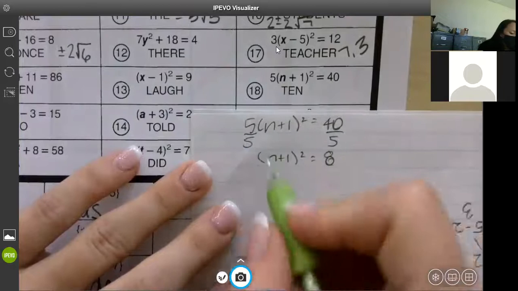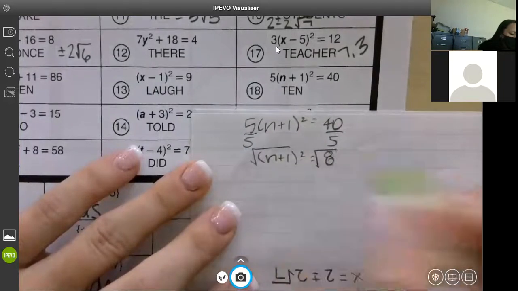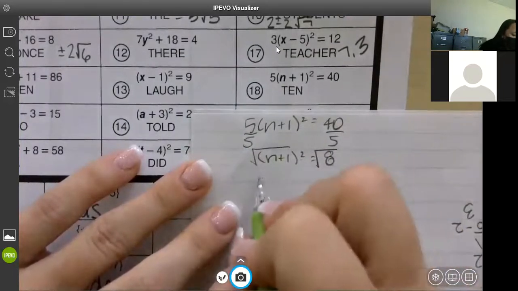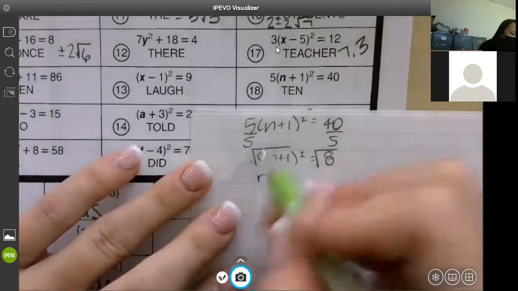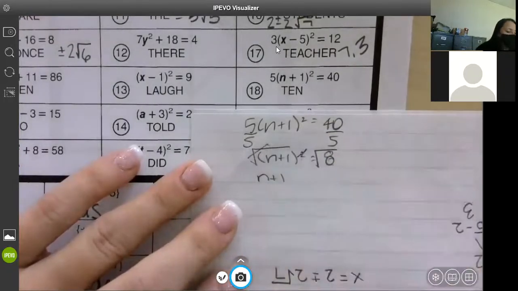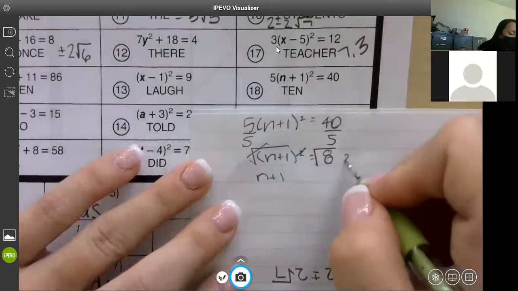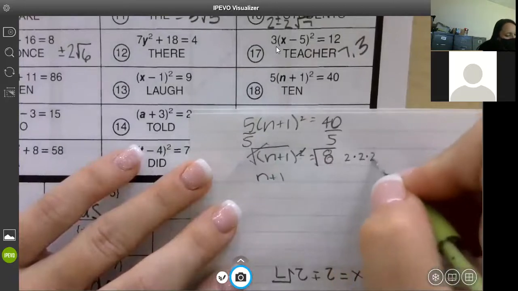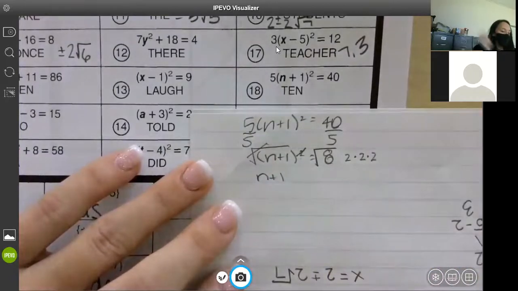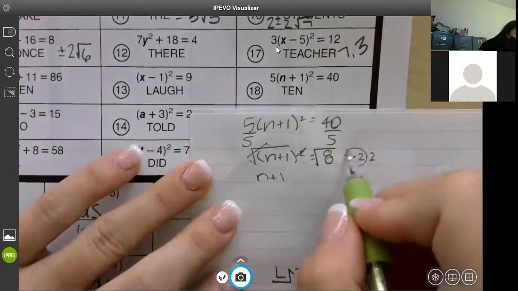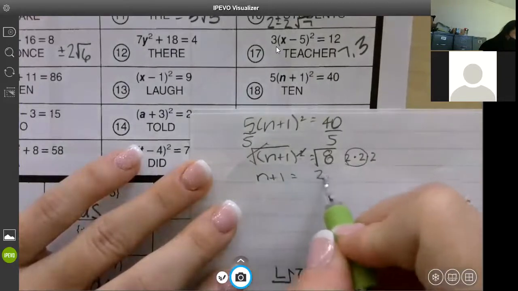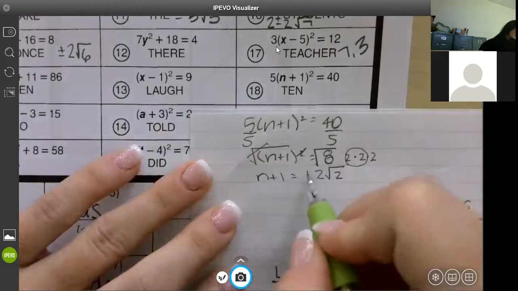I need to get rid of the square, so I do the square root. I'm left with n plus 1 because these cancel each other out. 8 is 2 times 4. 4 is 2 times 2. We have a pair of 2's, and we left a 2.